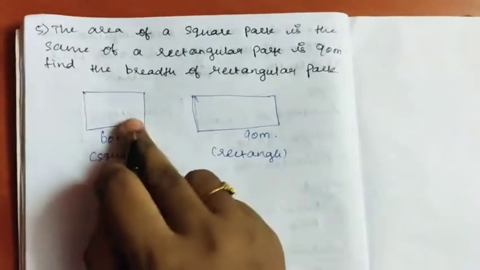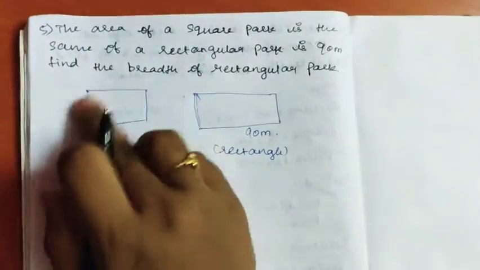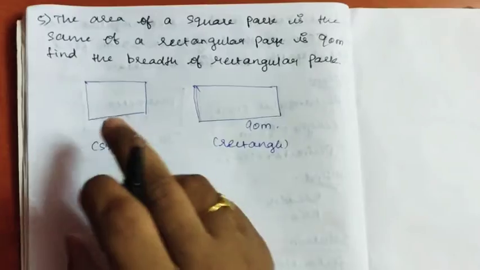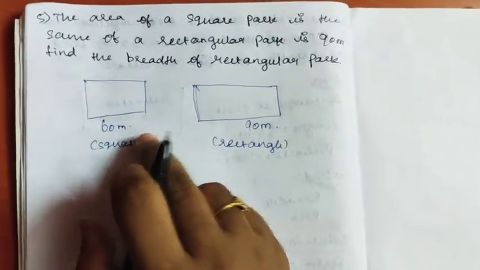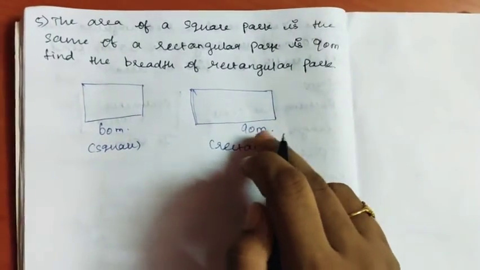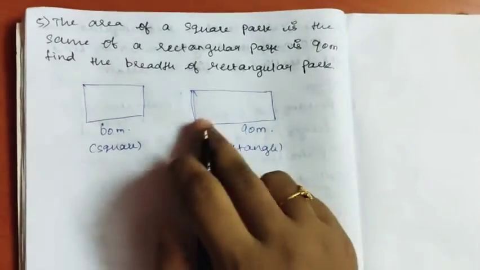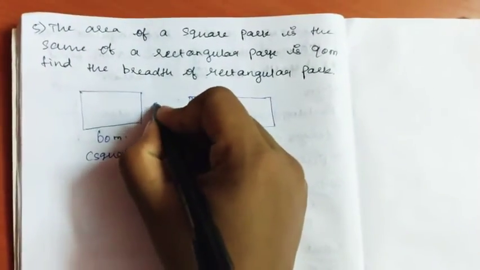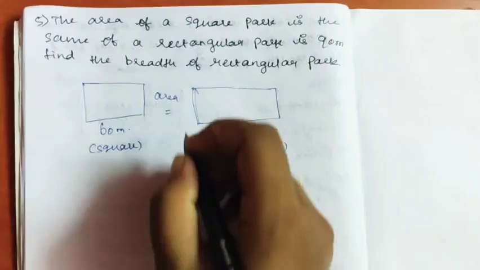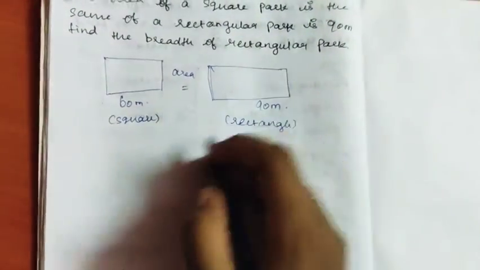What they have given means both the areas are equal. We have to find its breadth.